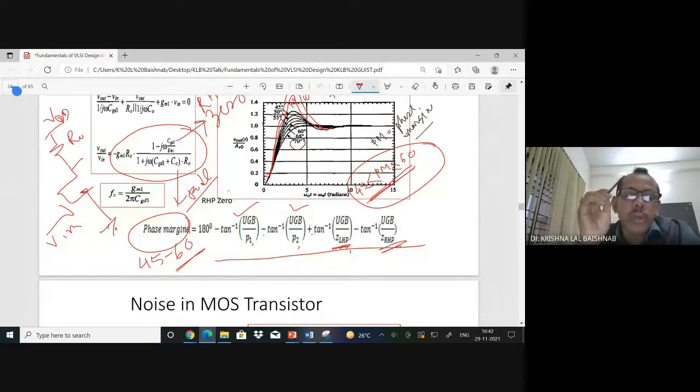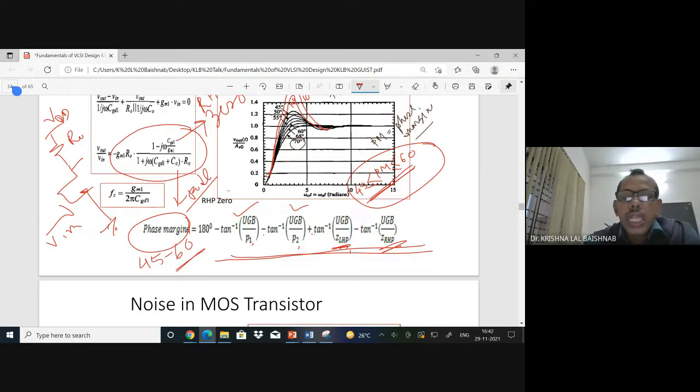Getting my point or not? Please, that phase margin I have to maintain at 45 to 60 degrees, to maintain my transient response or to avoid maximum overshoot. To do that, I have to balance this expression.